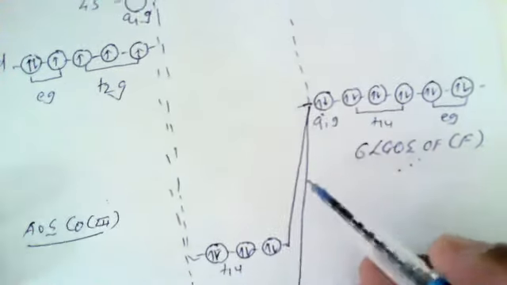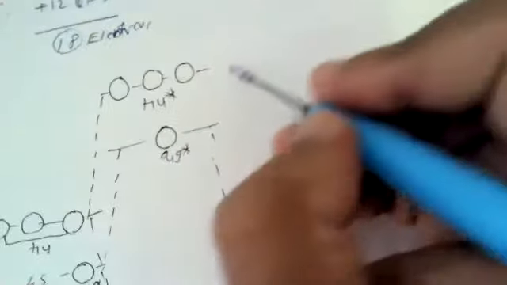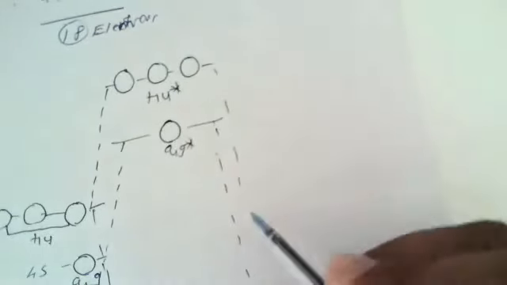So show again a dotted line from the metal side as well as from the ligand side. These dotted lines indicate that there is no contribution from either the metal or the LGO. So these electrons are used, these electrons are also used, these electrons and these electrons.